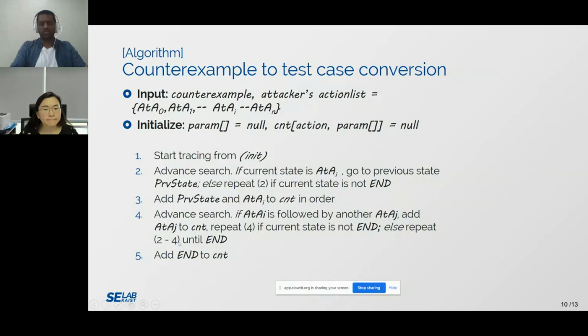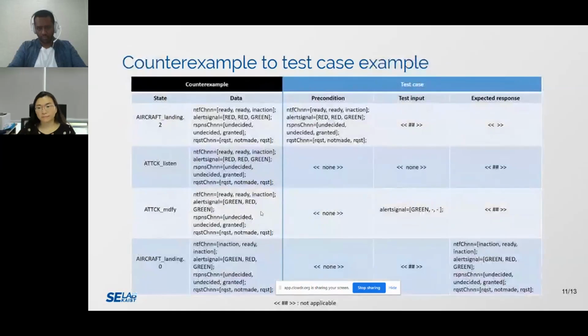It loops throughout the counterexamples and collects all states that contain the attack actions and the previous states that lead to them. Then it extracts all relevant information in the previous state that can be considered as a precondition. So with this algorithm, we were able to identify, as described in the template, the preconditions for the attacker actions to happen.